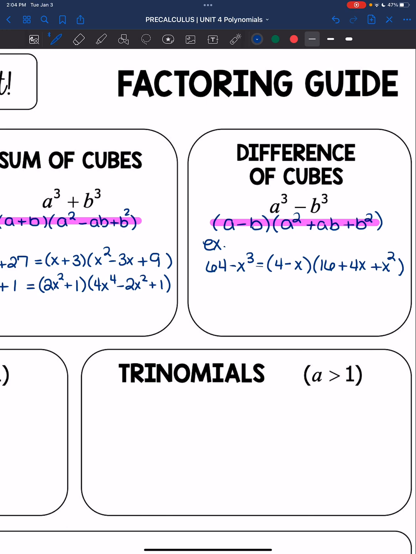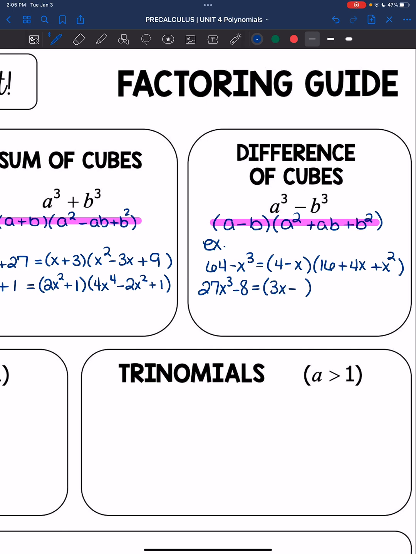Very cool. All right, ladies and gents, now what about one more of these difference of cubes? Let's do this one. 27x cubed minus 8. What is the cube root of 27x cubed? That is 3x.